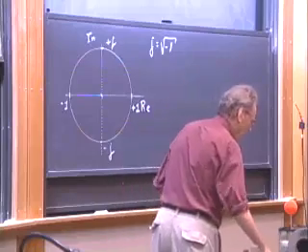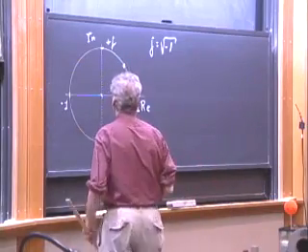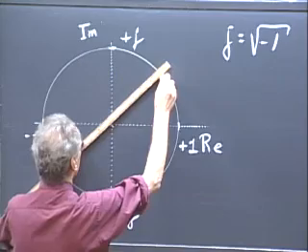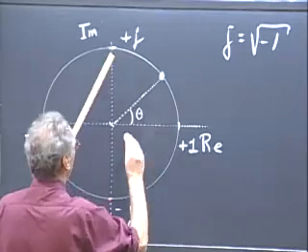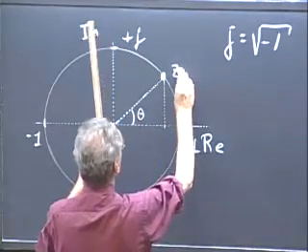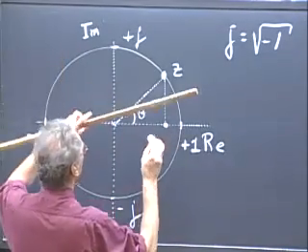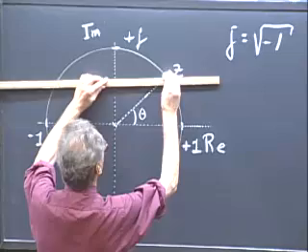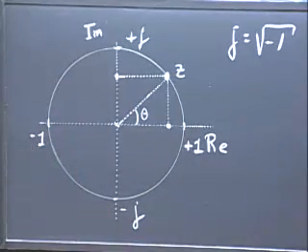I now pick a position here which now represents a complex number. Call this angle theta, and I project this. This is position z. It's a complex number. This is the real part of that complex number, and this is the imaginary part of that complex number.